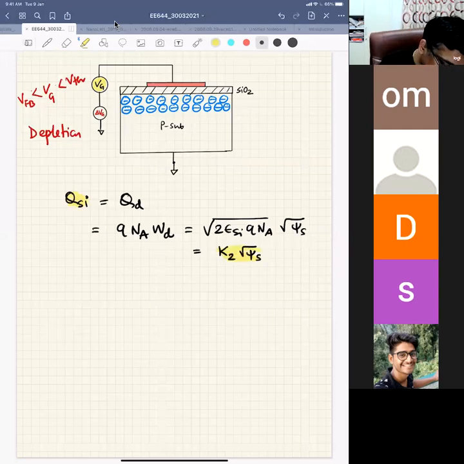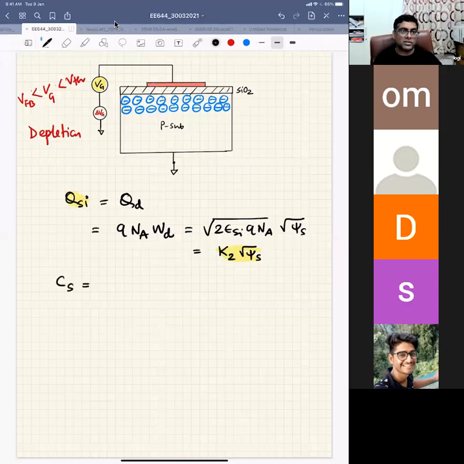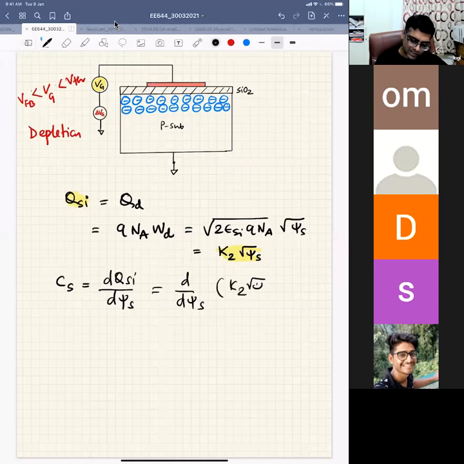So if I look at my semiconductor capacitance, this is nothing but dQSi by d psi s, and if I do the derivative, d by d psi s of K2 root over psi s, this is K2 by 2 times 1 by root over psi s, right?